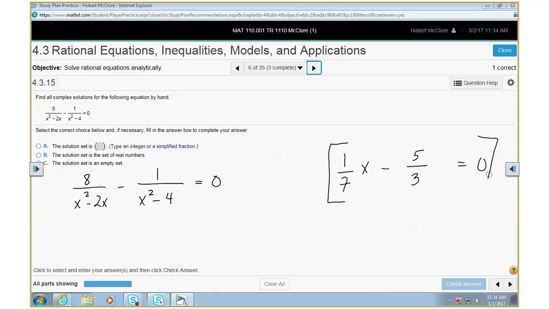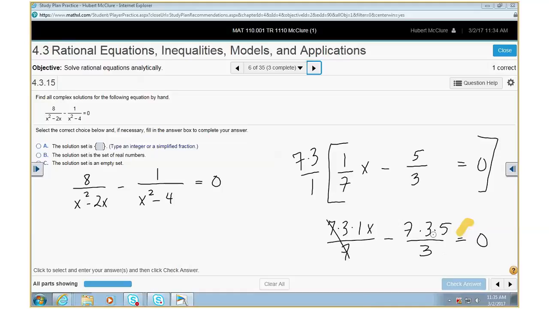You multiply them together, and you multiply through. 7 times 3 times 1 over 7. 7 times 3 times 5 over 3 equals 0. And what happens? Here the 7 cancels, here the 3s cancel, and you're left with 3x minus 35 is equal to 0. So I went through and I cleared the fractions. The fractions have nothing in common, so therefore you just put them together.